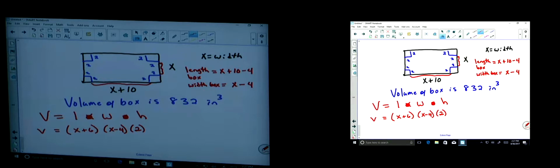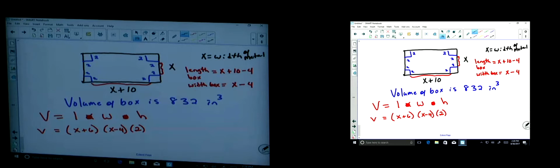So where it says up here, x is the width of the metal sheet. Okay, so x was the width of my metal sheet, and x plus 10 is the length of my metal sheet. But x plus 6 is the box, and x minus 4 is the box. So you have to keep the relationship going, right?